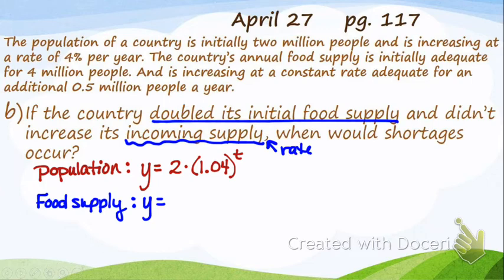So my rate stays the same, just the initial amount changes. So what would this equation look like? Y equals mx plus b, so what are we using for m? 0.5, plus 8. The rate stays the same, the initial amount doubles.